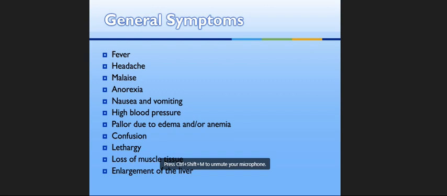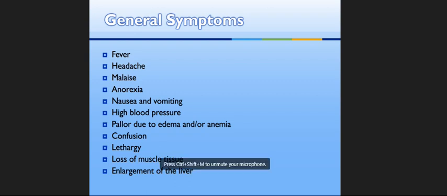Here it is better to know, and better to be clinicians rather than pathologists. General symptoms of this situation: patients may present with fever, headache, malaise, anorexia, nausea and vomiting, high blood pressure. They may have pallor due to edema and or anemia.